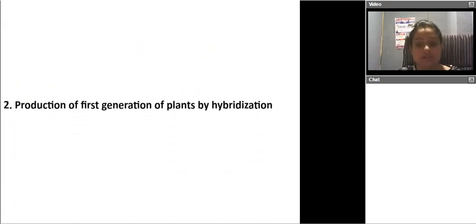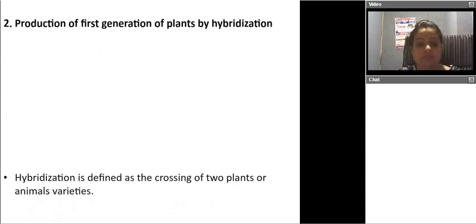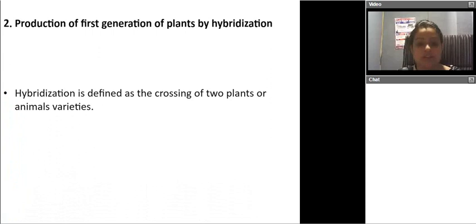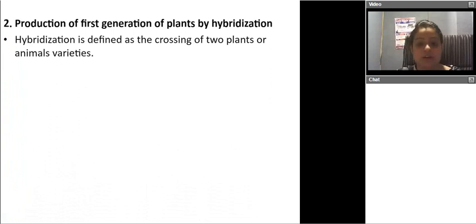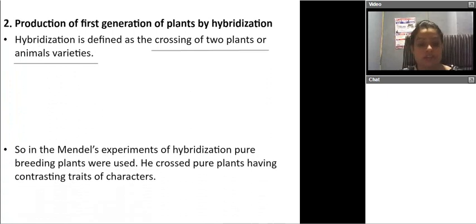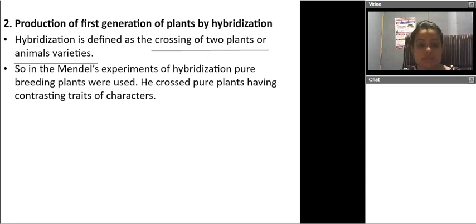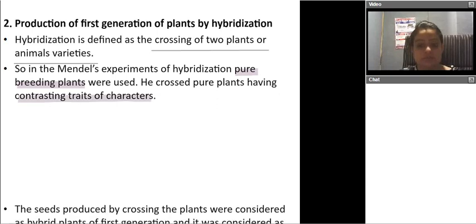Next is the production of the first generation of plants by hybridization. Hybridization can be defined as crossing between 2 plants or animal varieties. In Mendel's experiments of hybridization, the pure breeding plants were used. He crossed the pure breeding plants that had a contrasting pair of characters.